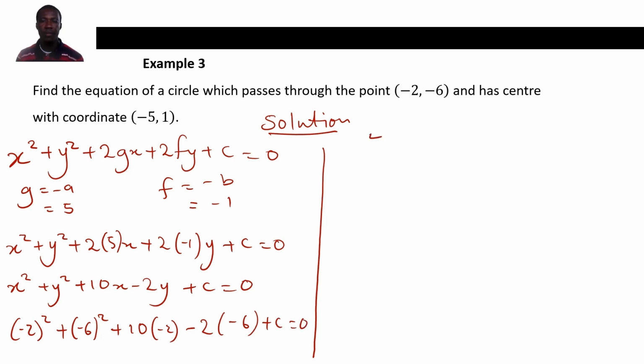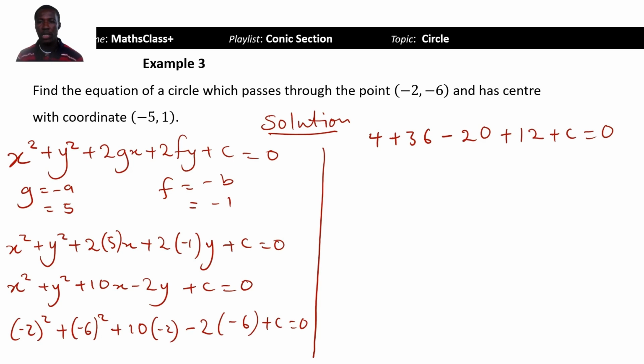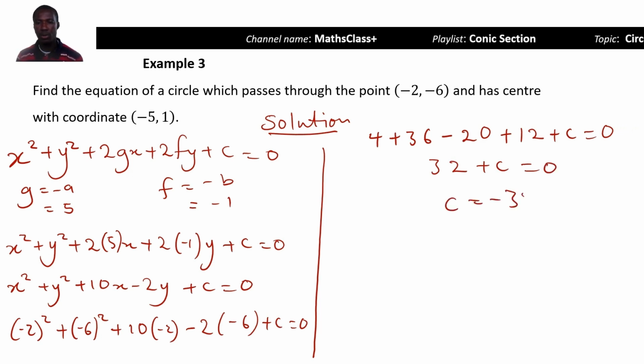That gives me 4 plus 36 minus 20 plus 12 plus c is equal to 0. So 40 minus 20, which is 20, plus 12, 32. 32 plus c is equal to 0. So c is equal to minus 32.